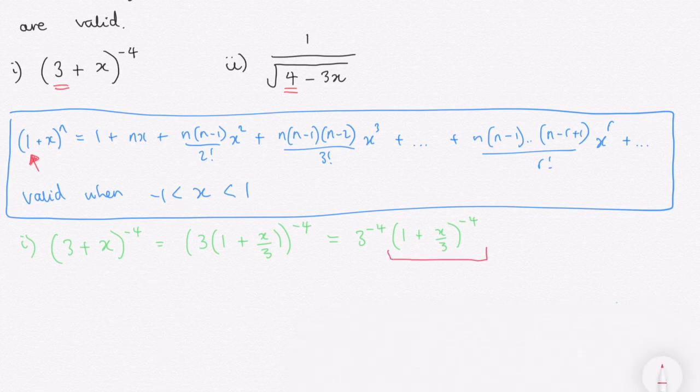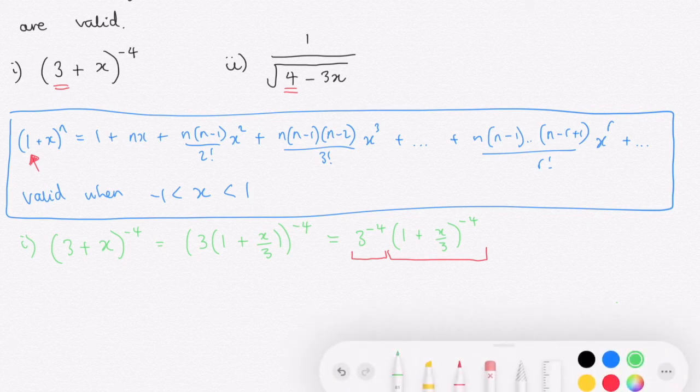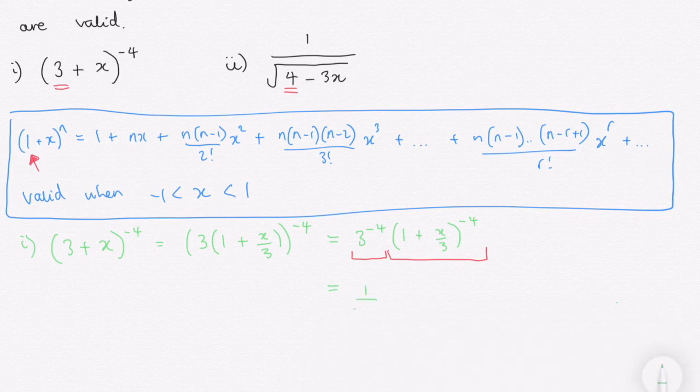But we need to remember we then need to multiply our final answer by 3 to the minus 4, or 3 to the minus 4 is 1 over 81. So this is 1 over 81, lots of the binomial expansion of 1 plus x over 3 to the minus 4. Well, let's go ahead and do this.